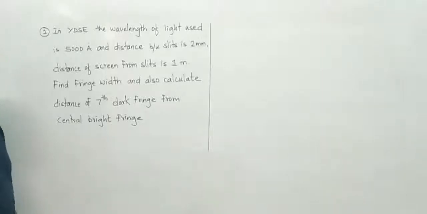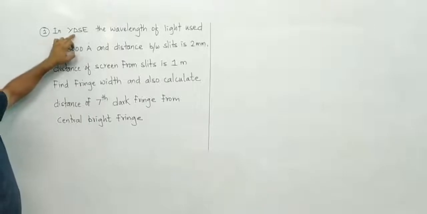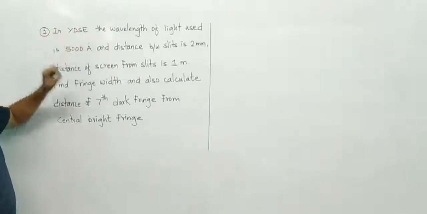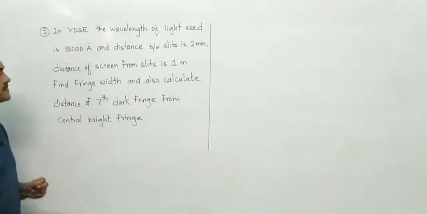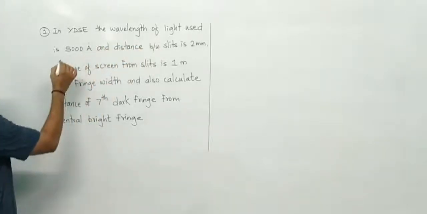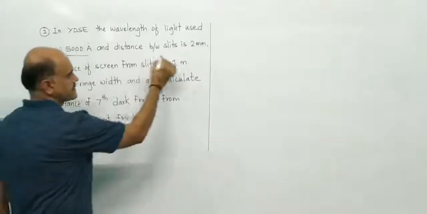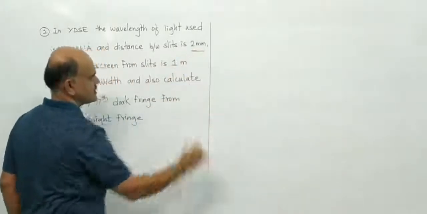Students, today we'll see a few numericals on Young's double slit experiment. In the first one, in YDSE, Young's double slit experiment, the wavelength of light used is 5000 angstrom and the distance between slits is 2 mm.